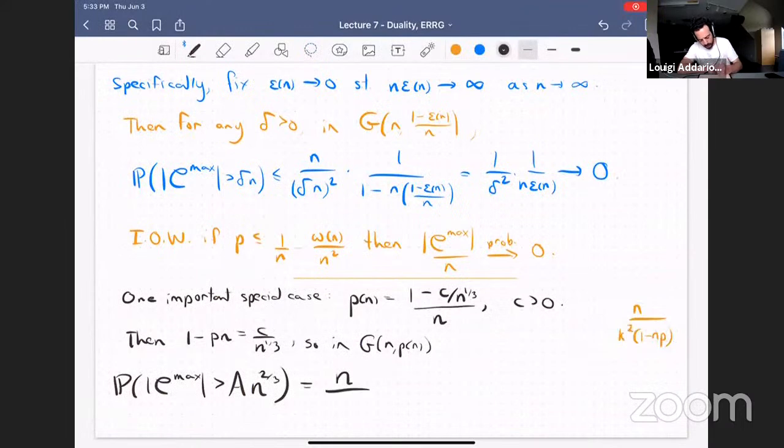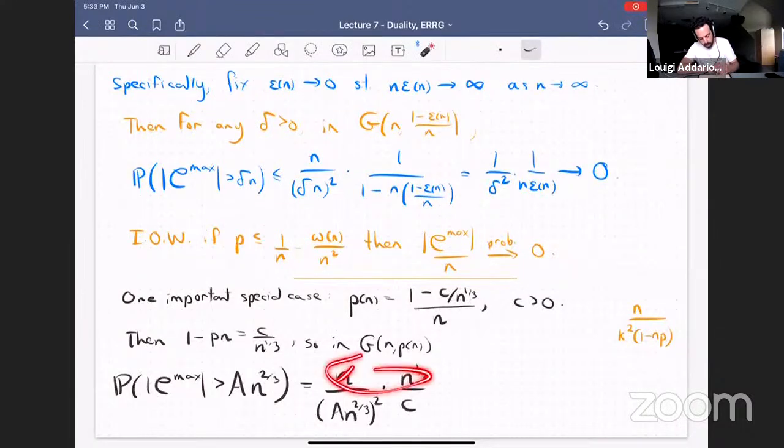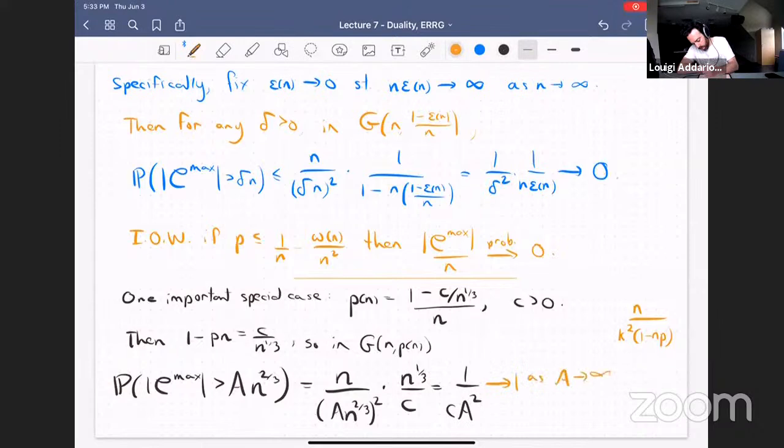So here we get n over (a n to the 2/3) squared, and now 1 minus np is c over n to the third, so that gives us n to the third over c. Now all the powers of n cancel. We have n to the 4/3 on the top, n to the 4/3 on the bottom, and so we're getting 1 over c a squared.